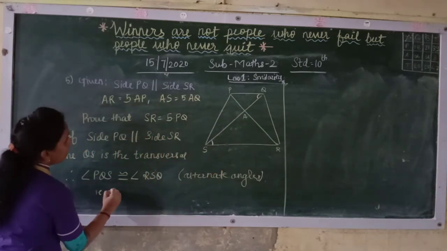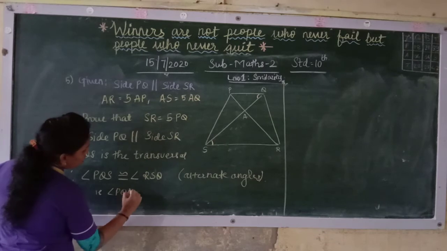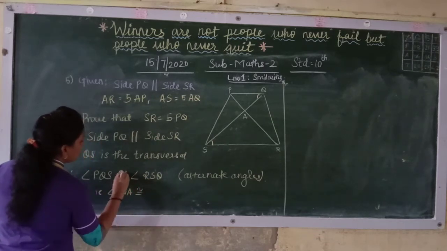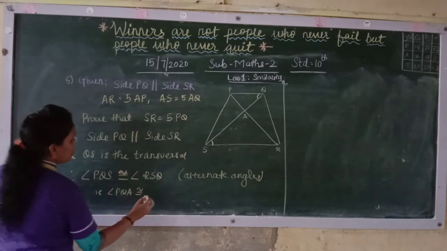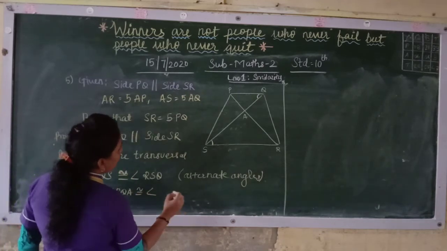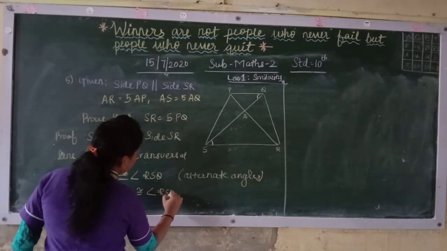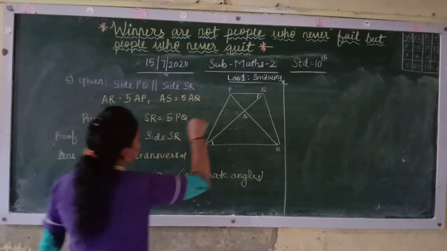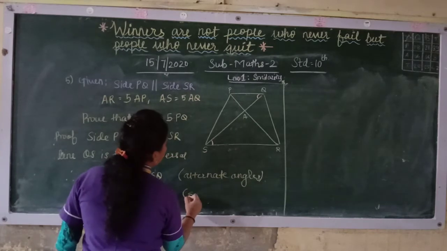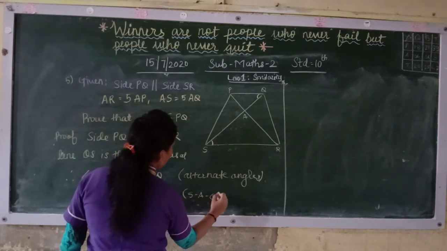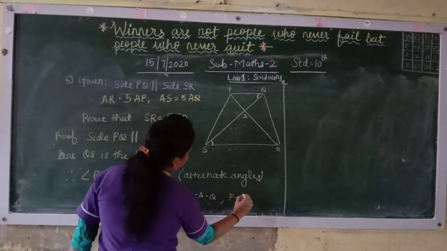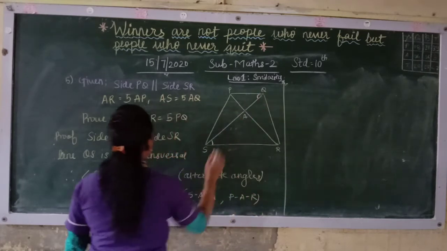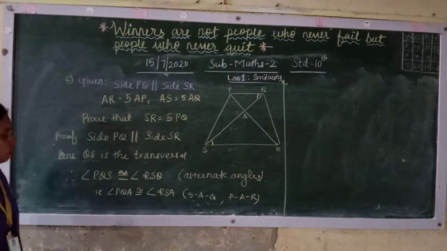So triangle PQA is congruent to triangle RSA. Now what reason will you write? S-A-Q and P-A-R. As it is lying between Q and S, you have to write that reason over here.